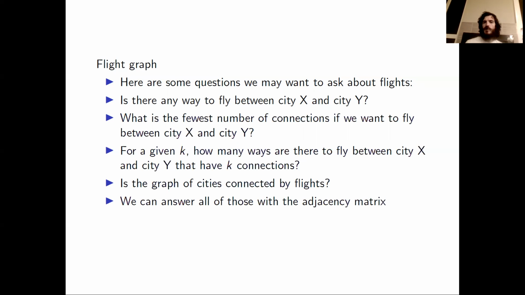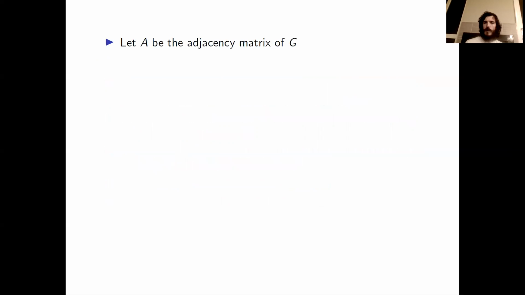And we can use the adjacency matrix to answer all of these questions for any given flight graph. So we'll let A be the adjacency matrix of our given graph G. And first, let's focus on the matrix A squared, the square of A. Let's look at the ij entry.